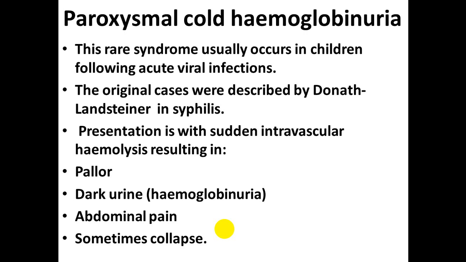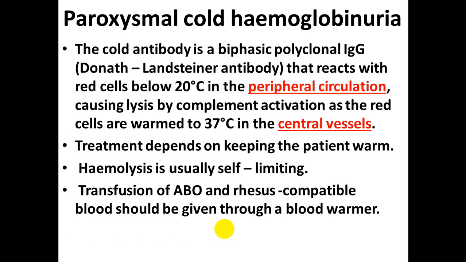Presentation is with sudden intravascular hemolysis resulting in pallor, dark urine, abdominal pain, sometimes collapse, and hypotension. The cold antibody is a biphasic polyclonal immunoglobulin G called Donath-Landsteiner antibody.